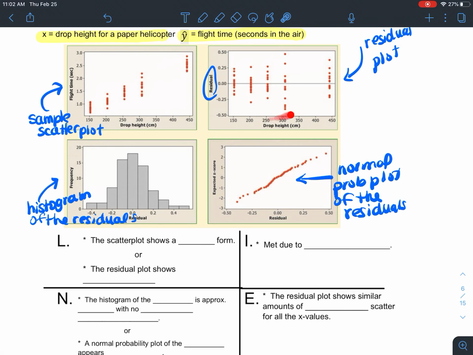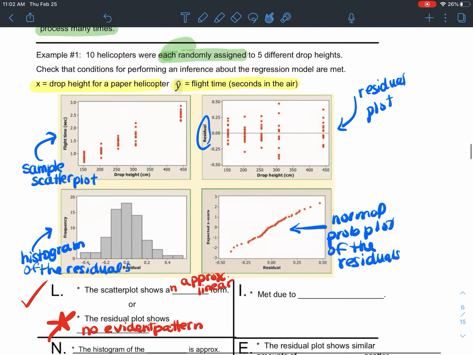Also here, I'm not really seeing a definitive pattern. Again, my preference is to use this, but you could say the scatter plot shows an approximate linear form, or the residual plot shows no evident pattern. Either one of those two statements would check off the linear condition.